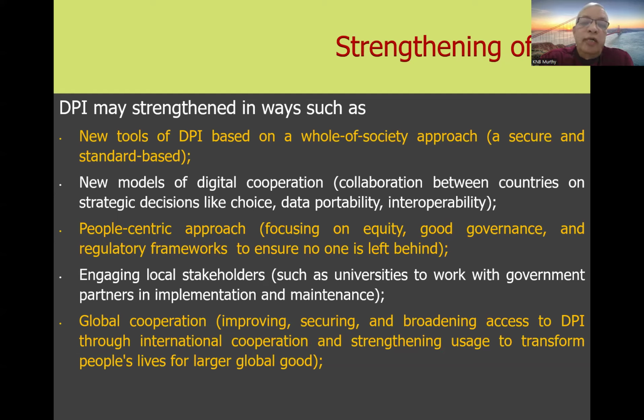New models of digital cooperation are also possible, wherein the countries can take strategic decisions with regard to choice, data portability, and interoperability. Third, a people-centric approach, where open source or DPI can be used on equity, good governance, and regulatory frameworks to ensure no one is left behind.